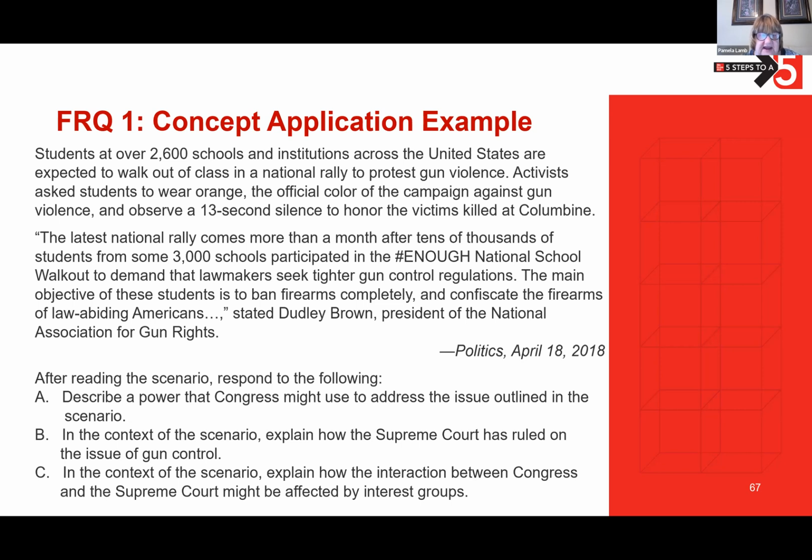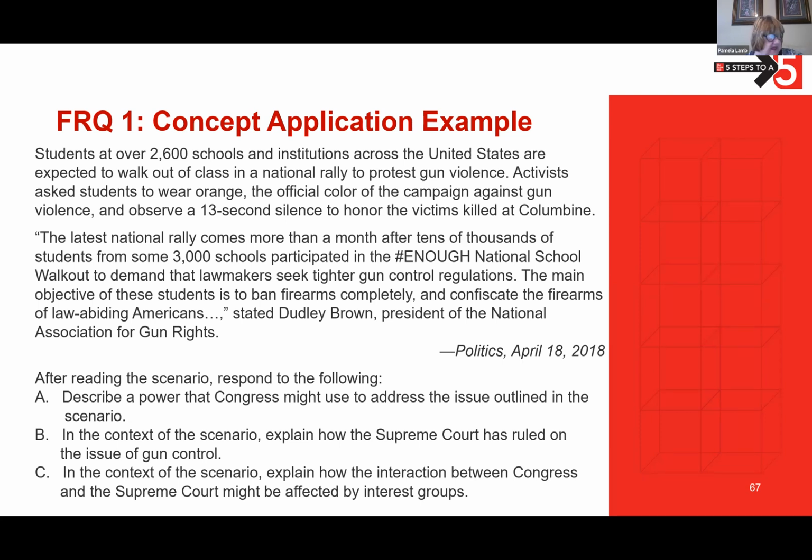The latest national rally comes more than a month after tens of thousands of students from some 3,000 schools participated in the #Enough national school walkout to demand that lawmakers seek tighter gun control regulations. "The main objective of these students is to ban firearms completely and confiscate the firearms of law-abiding citizens," stated Dudley Brown, president of the National Association for Gun Rights. This appeared in Politics in April of 2018.